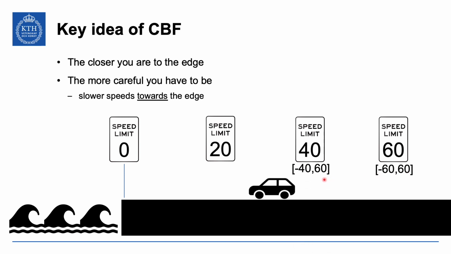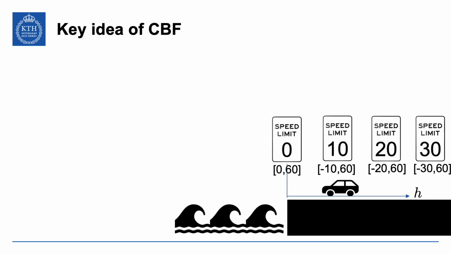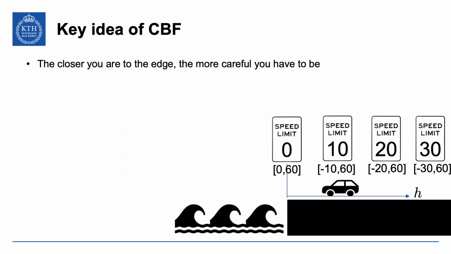Whereas if we get closer, it would be plus 60 to minus 60. Whereas if we get closer, it would be plus 60 to minus 40. And then this limit on the negative values decreases to 0, negative being moving leftwards here. And here you're not allowed to move with any speed leftwards, because then you're going to plop into the water. So again, this is the key principle. The closer you are to the edge, the more careful you have to be.